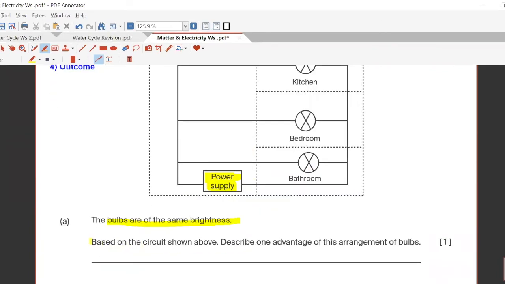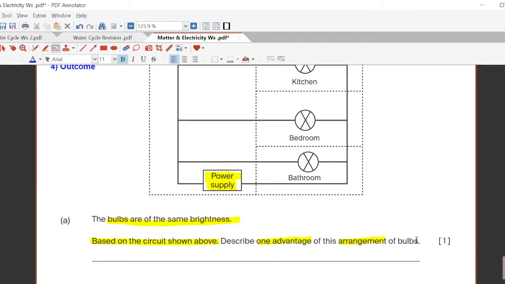So they say, based on the circuit shown above, describe one advantage of this arrangement. There are 2 types of arrangement that you learn in your syllabus. What are the 2 types? Do you remember? Series and parallel. Good. These are the 2 types of arrangement.